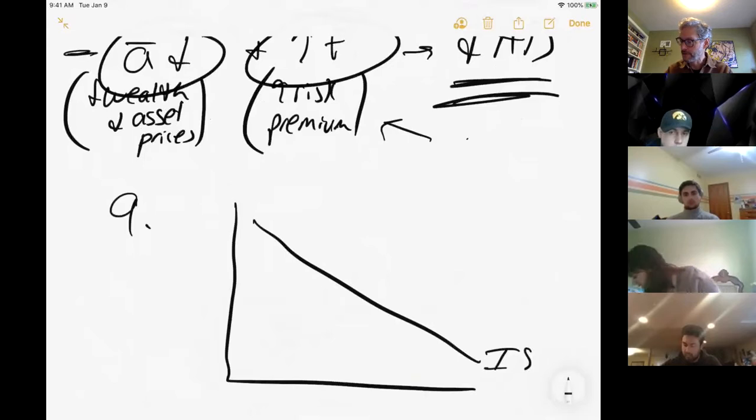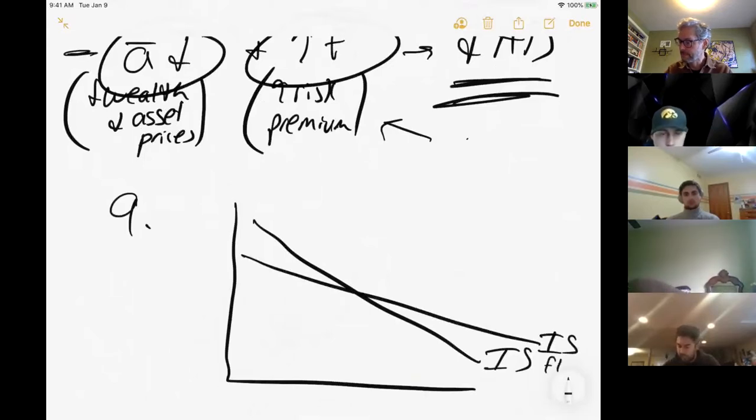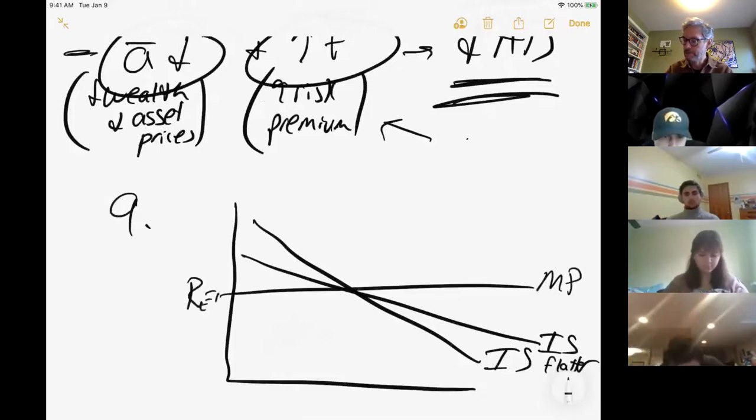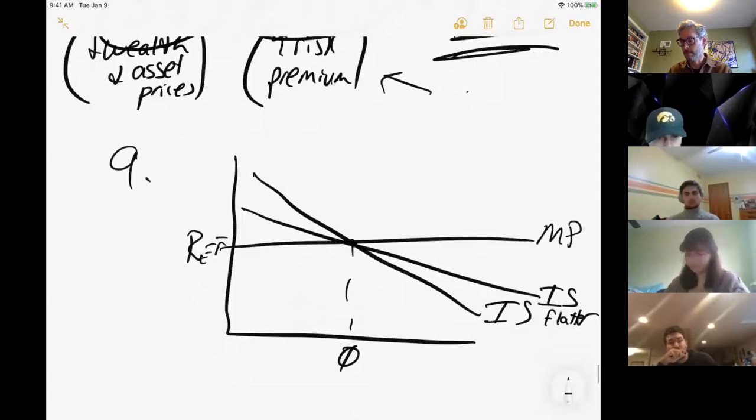The IS curve gets flatter. Why? Because now any change in the real interest rate doesn't just impact investment, it's going to impact net exports through the exchange rate.